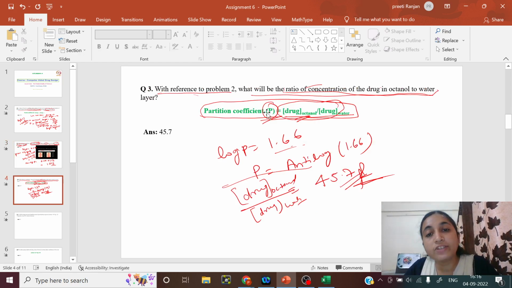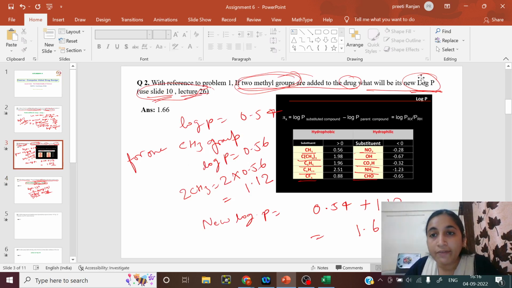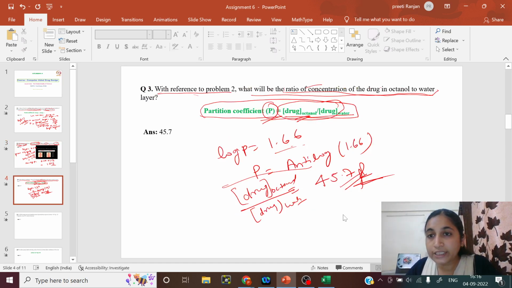The formula is partition coefficient P. It's not log P. It's P equals drug in octanol upon drug in water, right? In the previous questions they asked us to calculate log P, not P. But in this question they want us to calculate P, not log P. And for calculating P, we have to take the antilog of this log value, right? So now you understand, right?